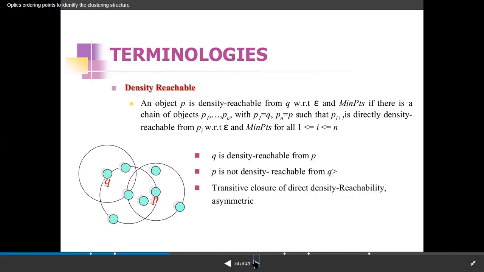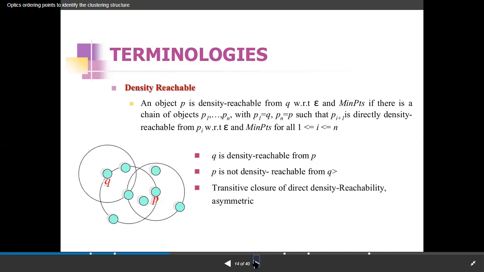The next term is used as density reachable. An object P is density reachable from Q with respect to epsilon and min point if there is a chain of object P1, P2 up to Pn, such that P1 is equal to Q and Pn equals P, such that Pi plus 1 is directly density reachable from Pi with respect to epsilon and min points for all i lying between 1 to n.